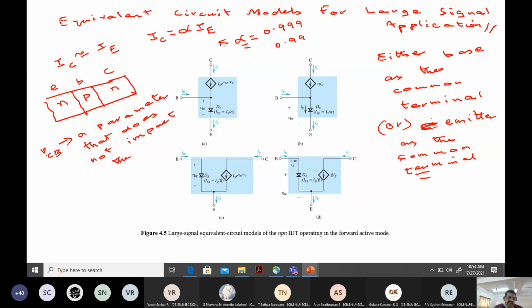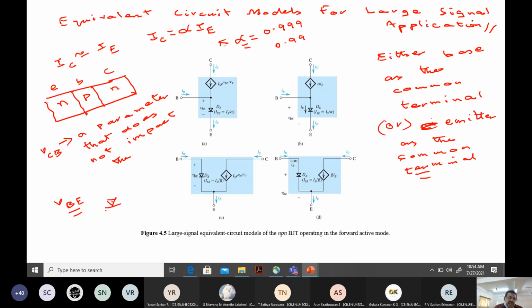The collector current is independent of it under active mode. So VCB we can take out of the equation. We have only effectively VBE, base-emitter. So this base-emitter junction can be assumed to be a diode.